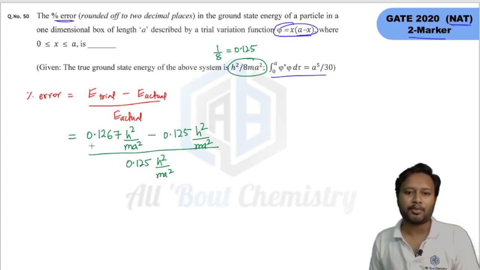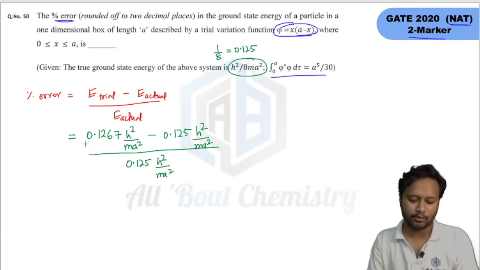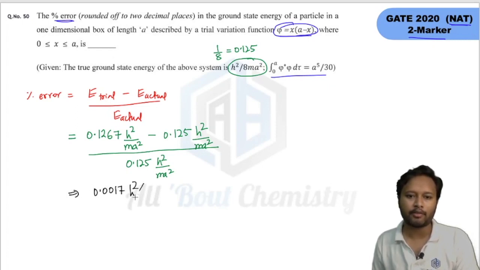In the next step, you have to subtract. So 0.1267 subtracted by 0.125 gives me, in the numerator, 0.0017 h square upon m a square. In the denominator, I have 0.125 h square upon m a square.